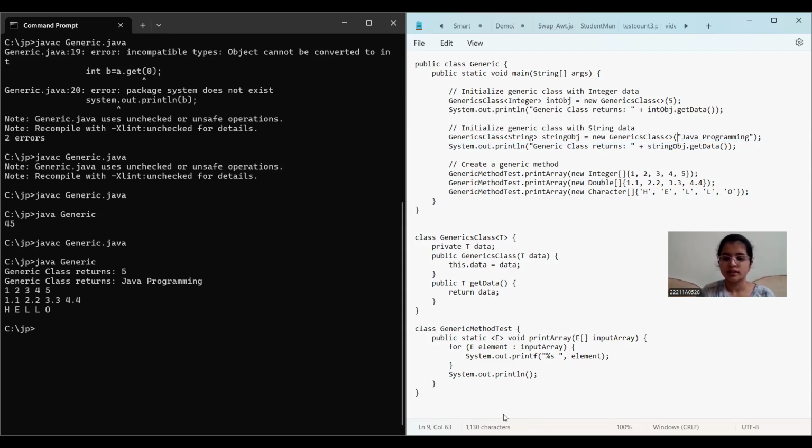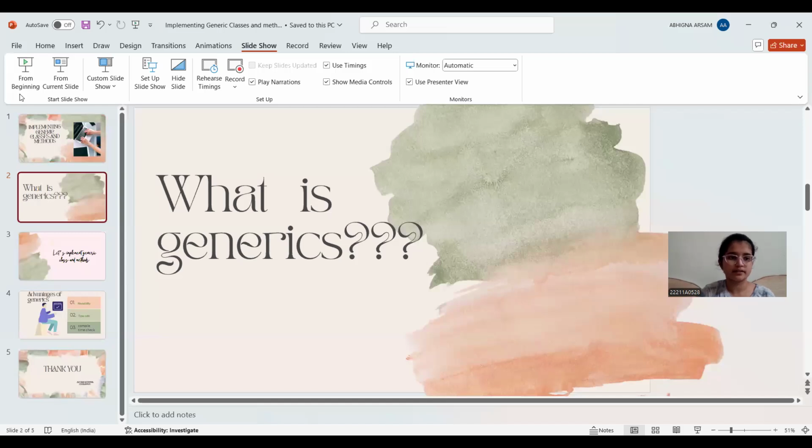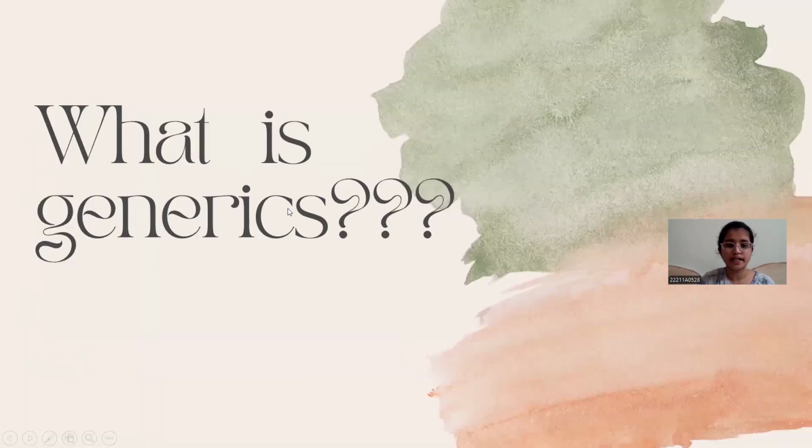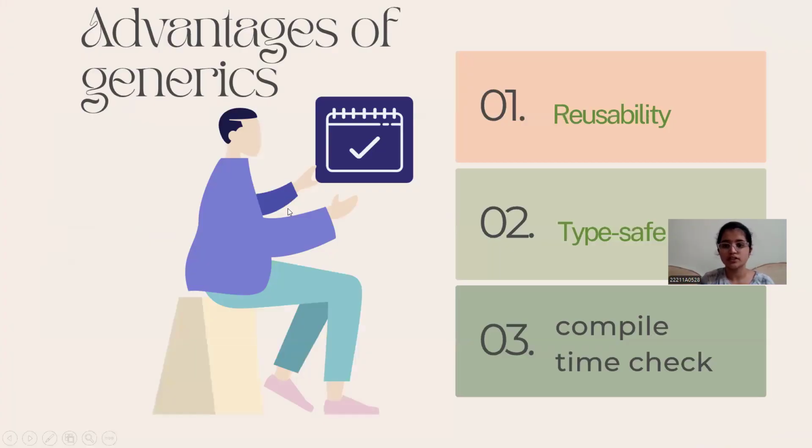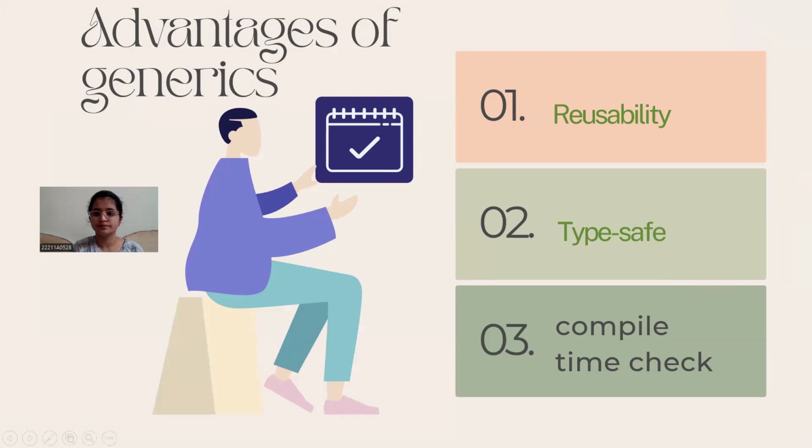Now let me discuss the advantages of generics. By using generic classes or generic methods, the code can be reusable. If it's a long code, we cannot write it separately for string and integer.